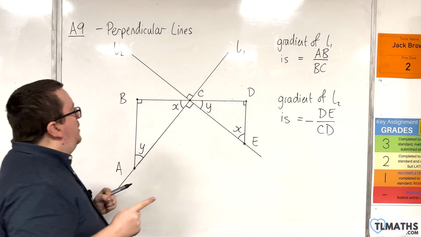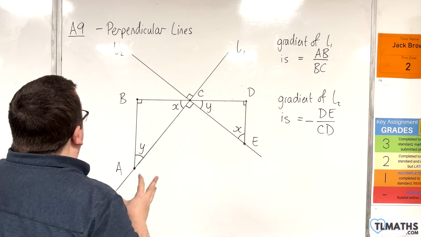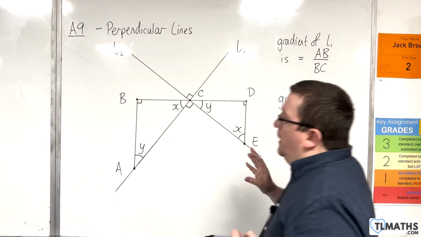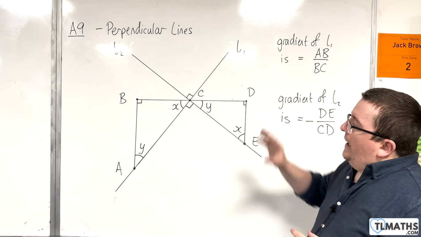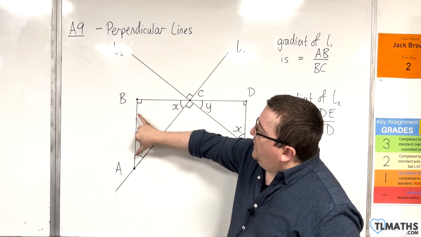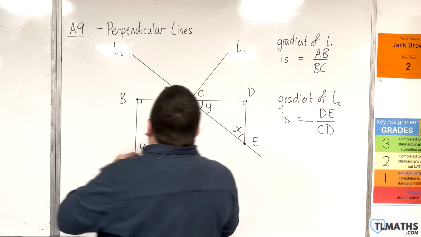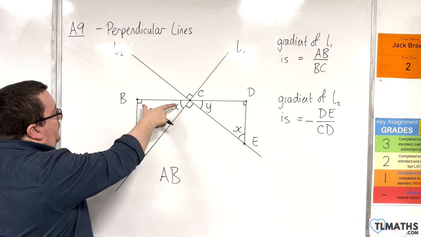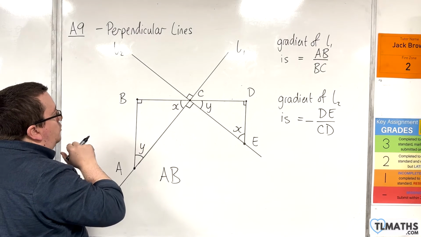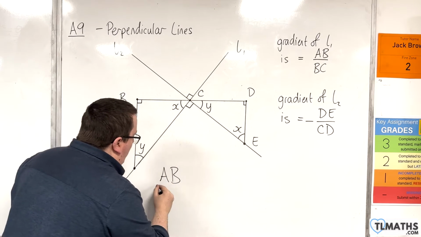Okay, so if we think of it like this, we can say, well, the side that is opposite the x here is AB, and the side that is opposite the angle y here is BC.